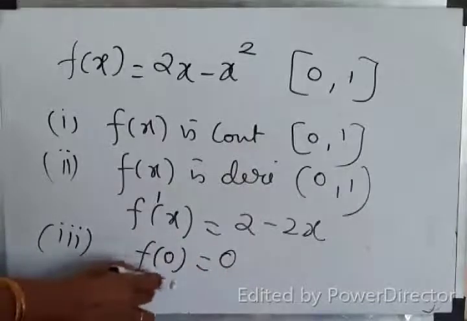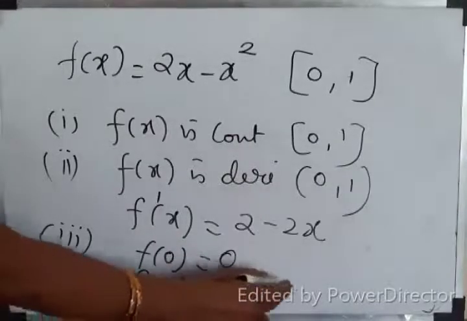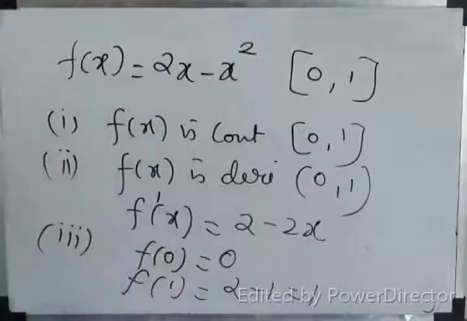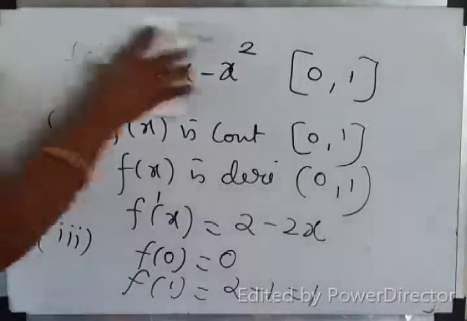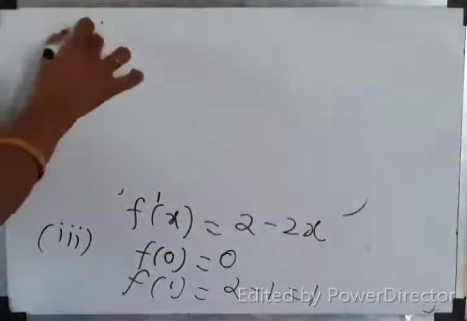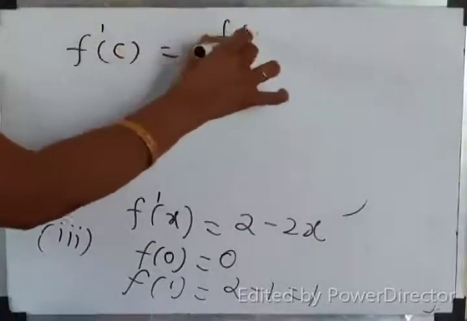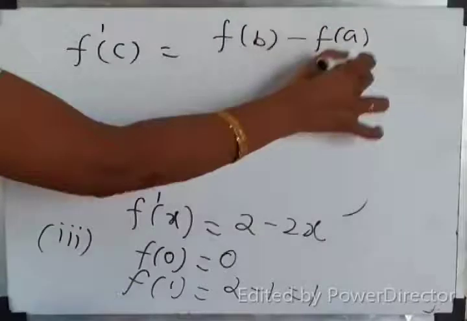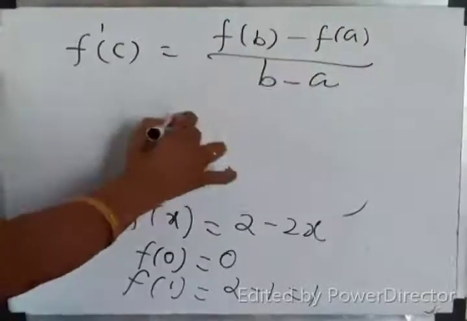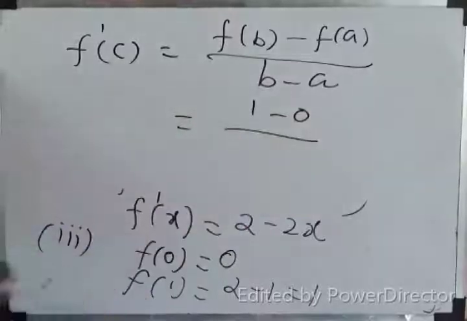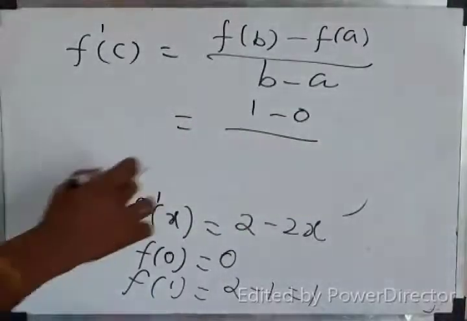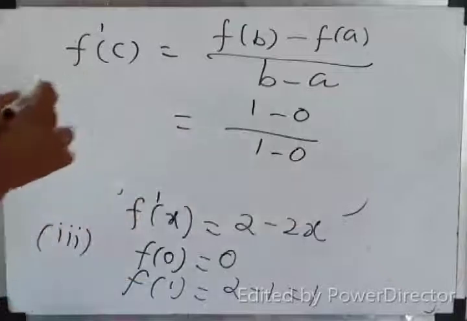What is f of 1? 2 minus 1, 1. So f of a not equal to f of b. Yes? Correct. Then there exists at least one value of c such that f dash of c equal to f of b minus f of a by b minus a. Write the formula, children. What is f of b? 1 minus 0 by, what is the interval given? 0, 1. So again 1 minus 0. What is f dash of c?